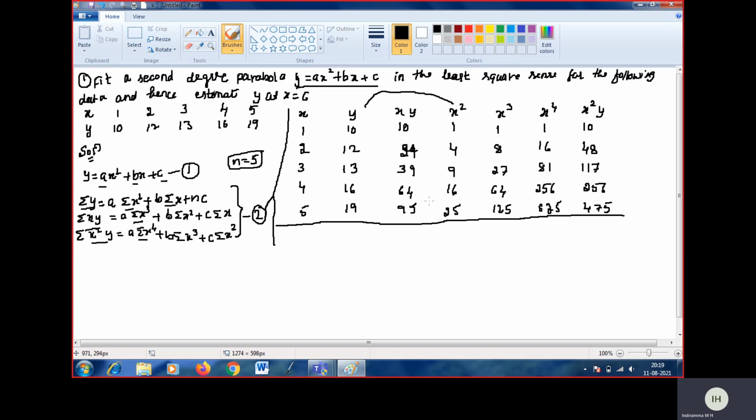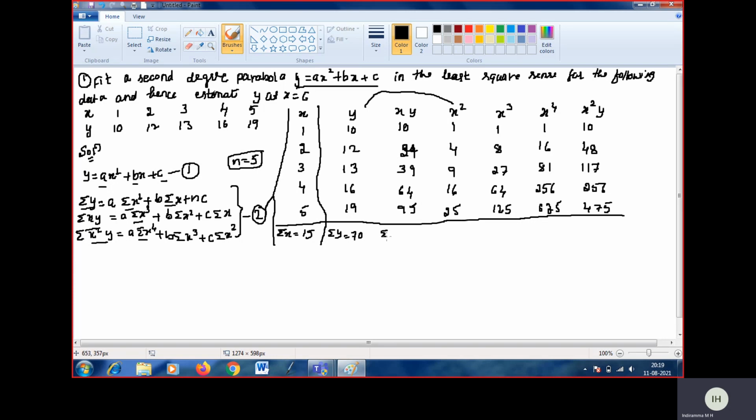Add the columns. So first column, summation of x will be 15. Next, we have to find out summation of y. Summation of y will be 70.